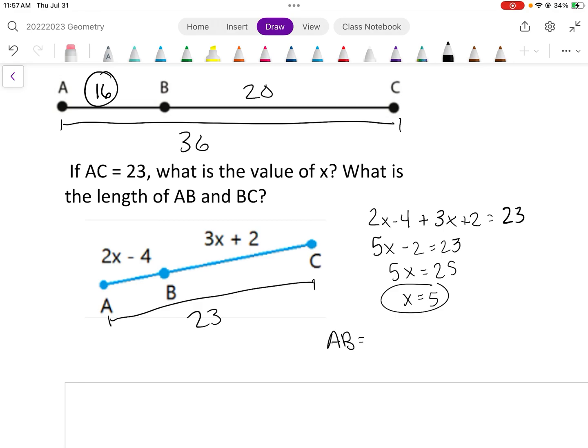If I know x is 5, I'll plug it into AB. 2 times 5 minus 4 should give me 6. And then plug it into BC. 3 times 5 plus 2 equals 17. And that should check out because 6 plus 17 gives me the whole thing, which is 23. So that's a good way to check your answer.